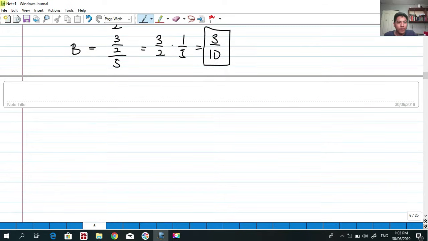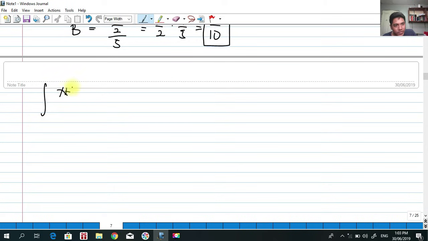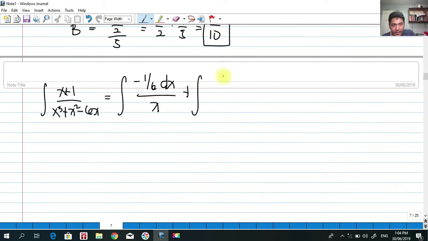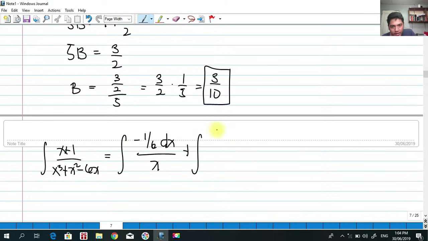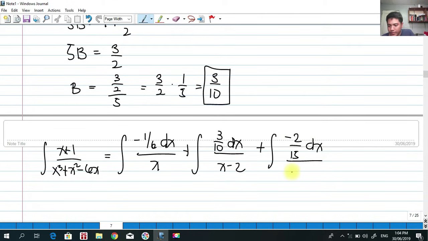The integral of x plus 1 over x cubed plus x squared minus 6x is now equal to the integral of a, negative 1 over 6 dx over x, plus the integral of b, which is 3 over 10 dx over x minus 2, plus, because the value of c is negative 2 over 15, the integral of negative 2 over 15 dx over x plus 3.